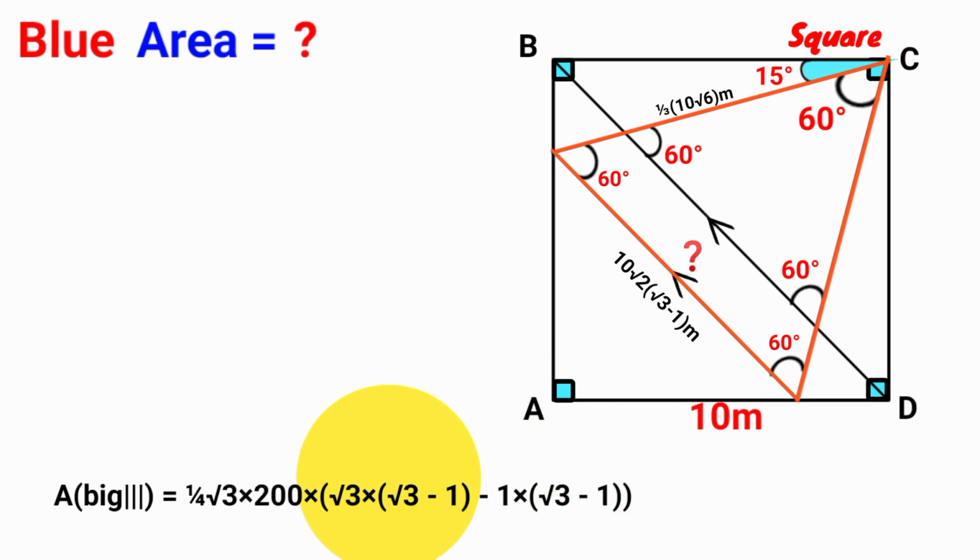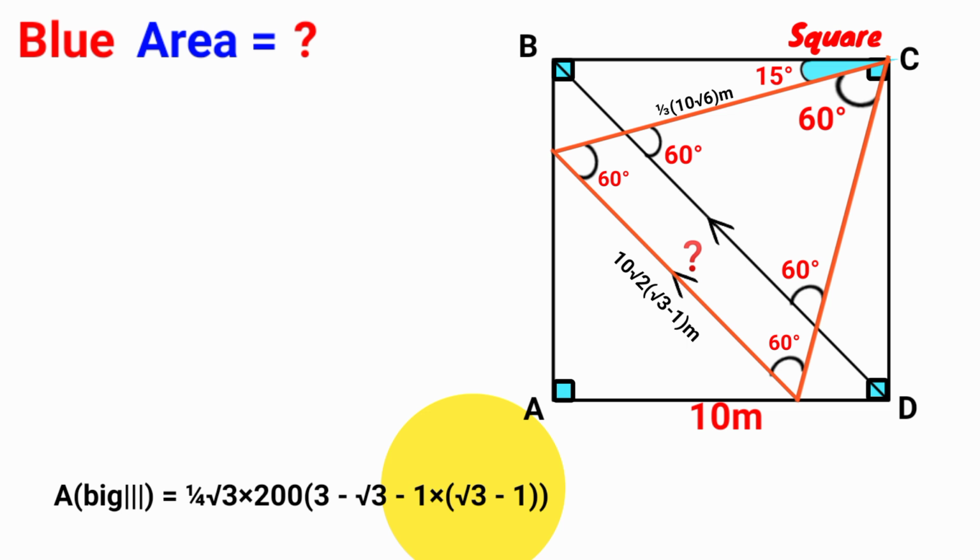Root 3 times root 3 minus 1 is 3 minus root 3. Minus 1 times root 3 minus 1 is minus root 3 plus 1. Minus root 3 minus root 3 is minus 2 root 3. So it is 3 minus 2 root 3 plus 1. This 3 plus this 1 is 4. So it is 4 minus 2 root 3.